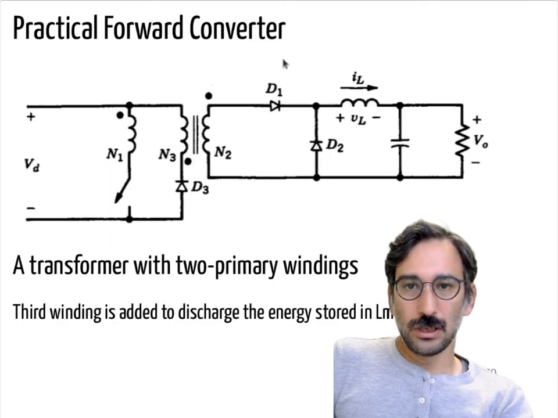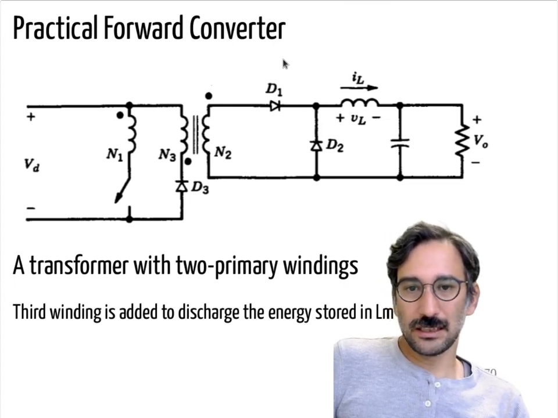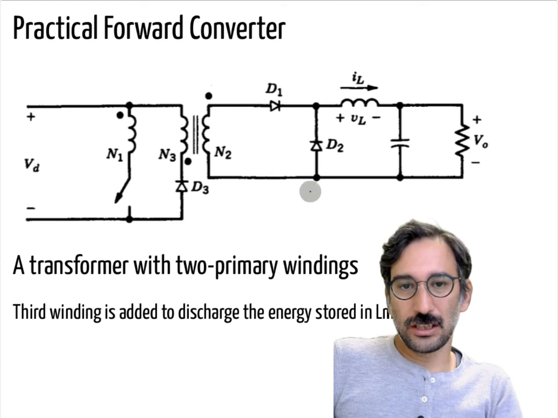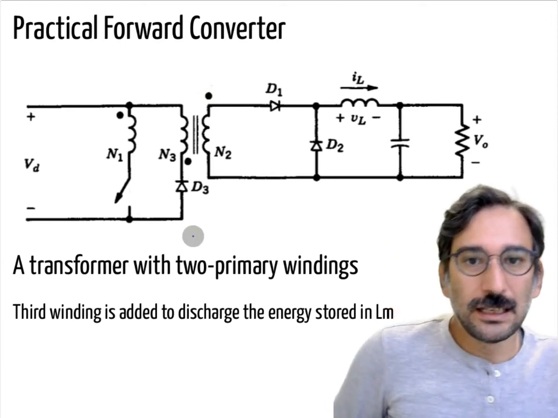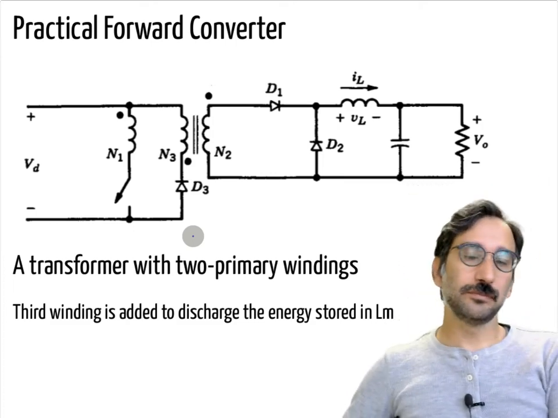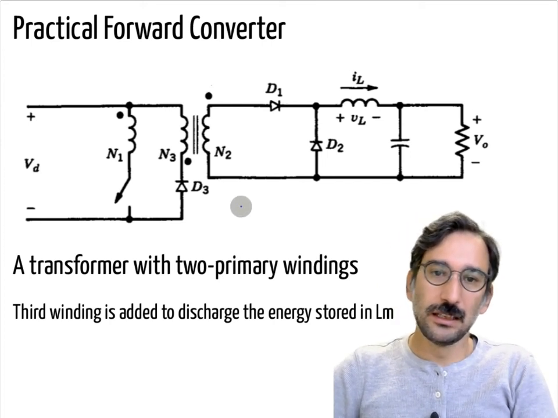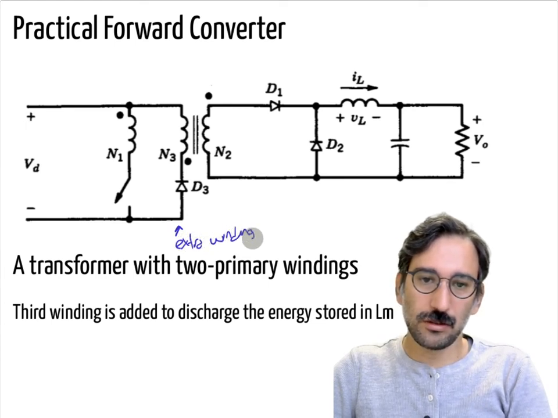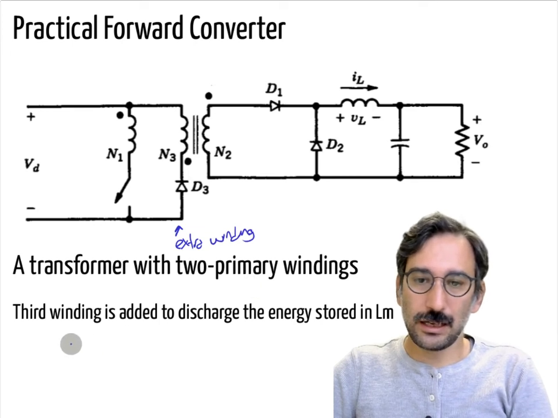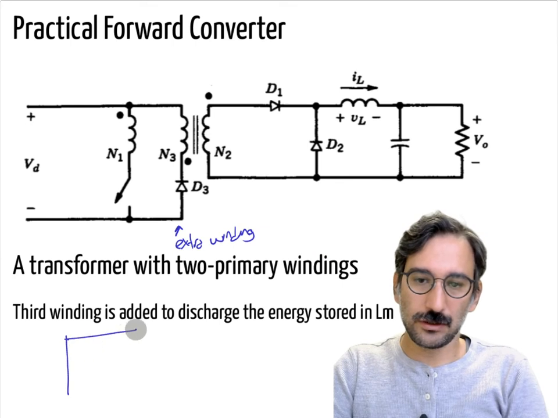Anyway, if you move on to a practical forward converter, there is a slight modification here. In that one, we use not a two-winding transformer, but a three-winding transformer. So that one is an extra winding. Okay, so don't get scared. The idea is really similar to a normal transformer.